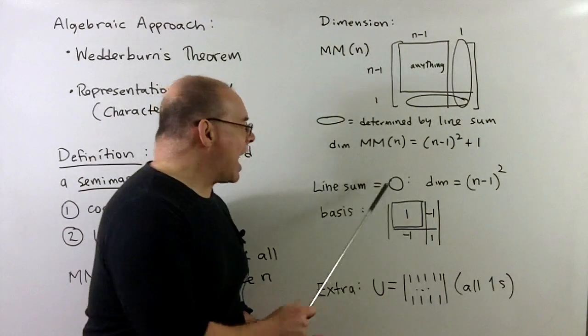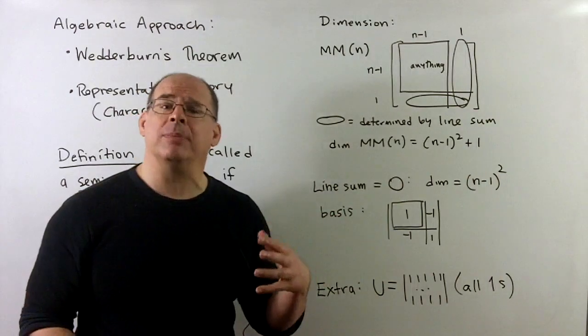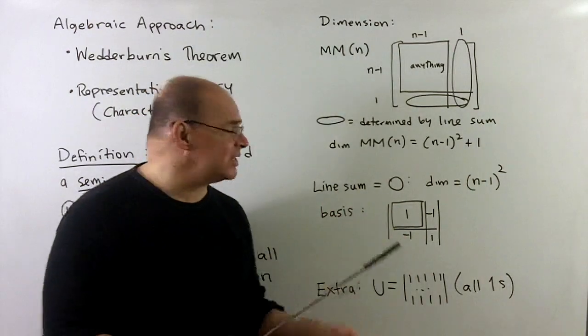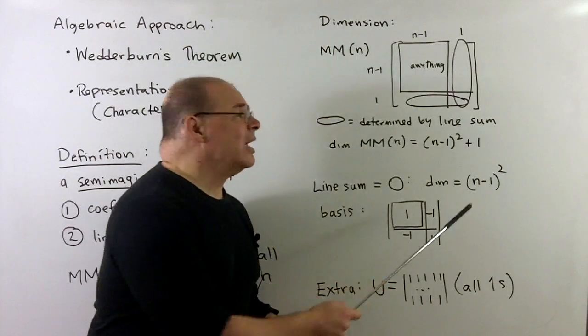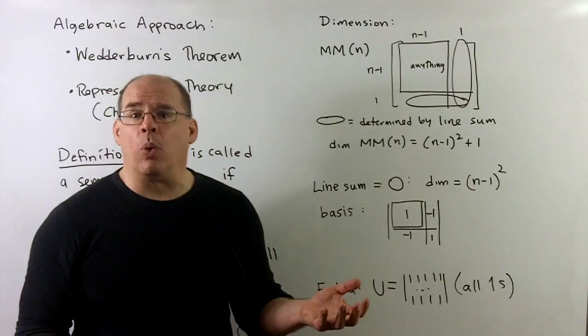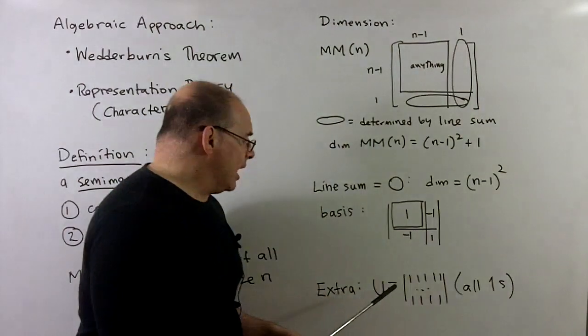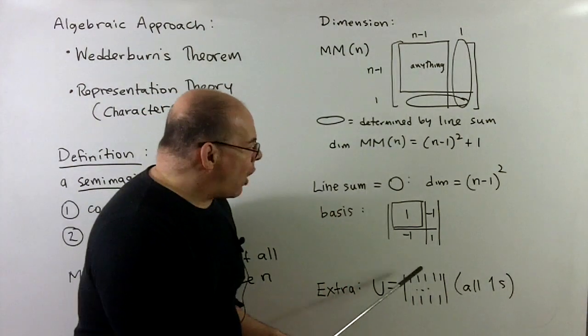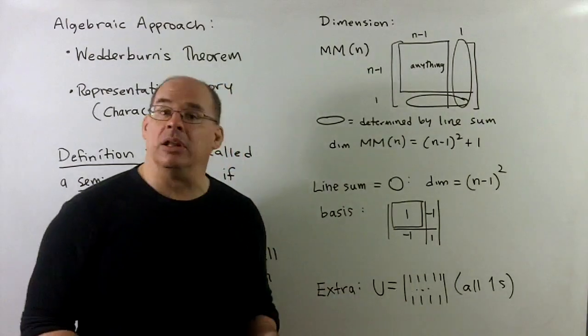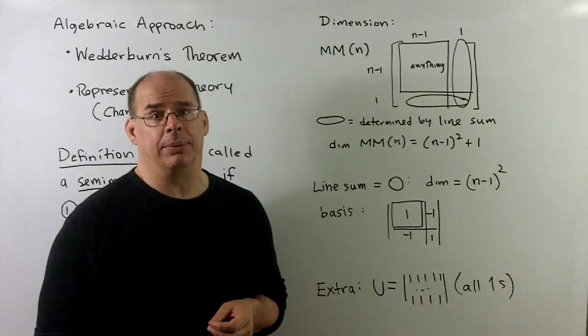This is obviously going to be linearly independent as we range over the different entries in the block, giving us (n minus 1) squared. That only gives us room for one more basis vector, and so you could use the identity matrix, but the matrix of all 1s is going to be a little bit more interesting for what comes up.